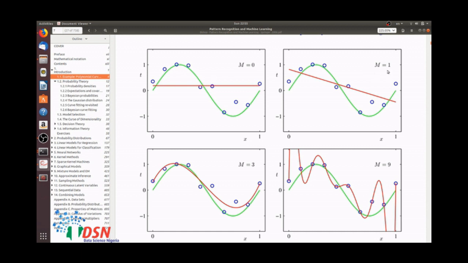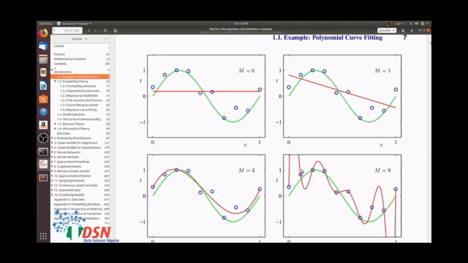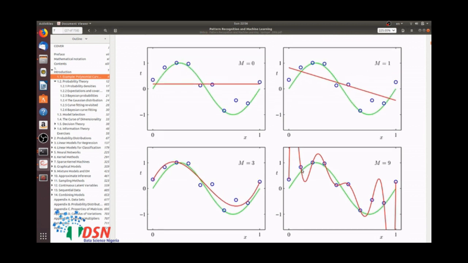If we increase the polynomial order of our machine learning model to a linear one, we could derive something like this. You can think that M is equal to 3, and you could derive something like this, and if you increase your M, you could derive the 0 training error.